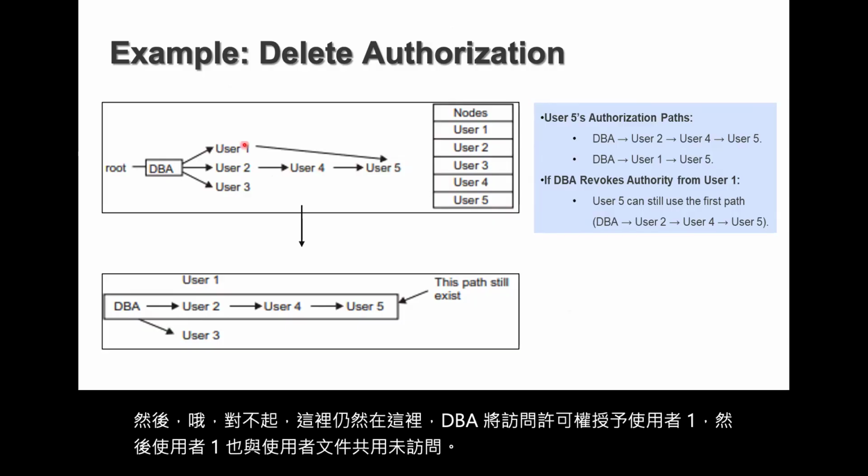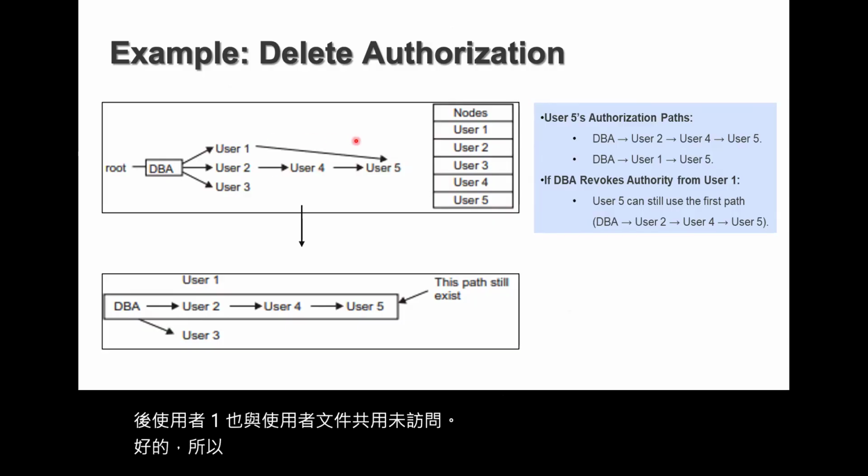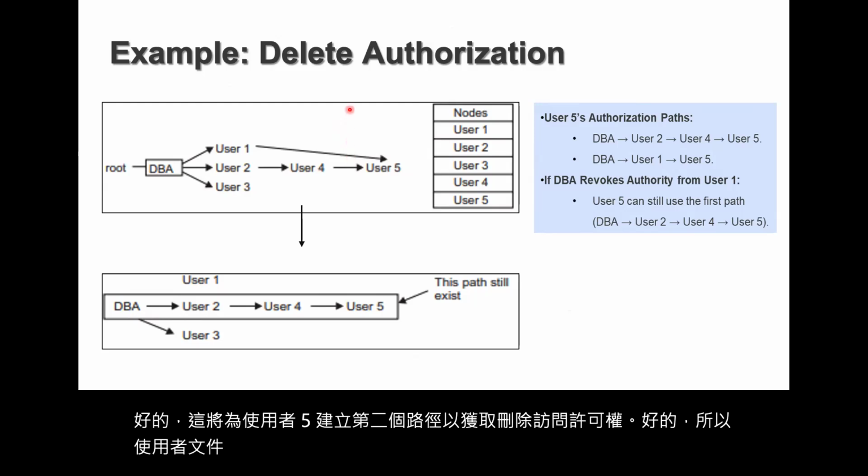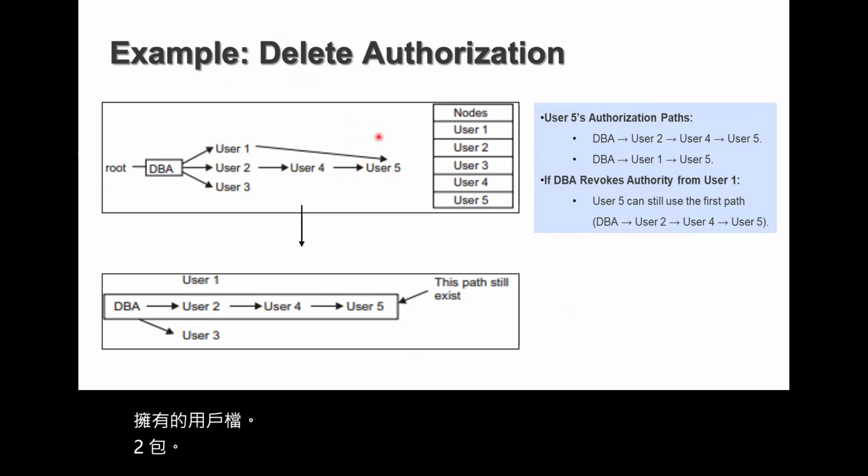Okay, so this creates the second path for user five to get the delete access. So user five has two paths for the delete access.